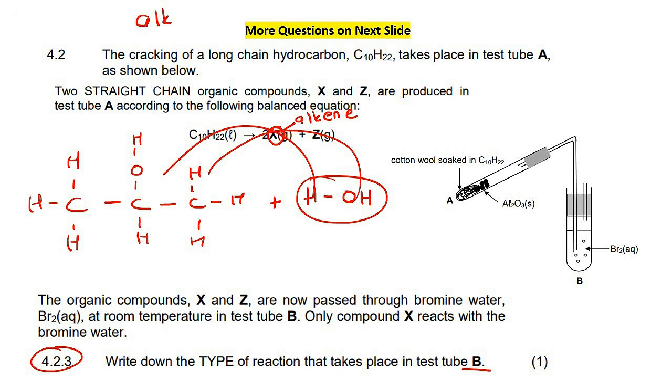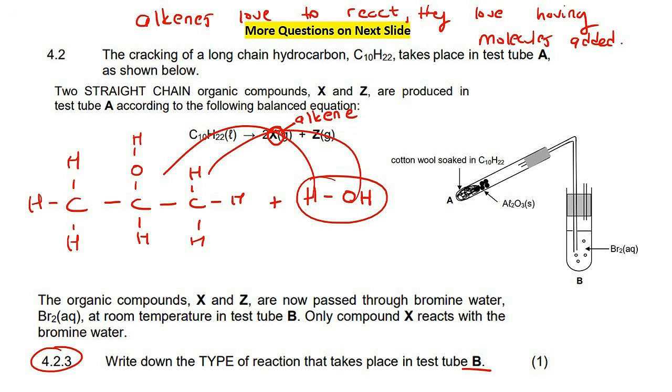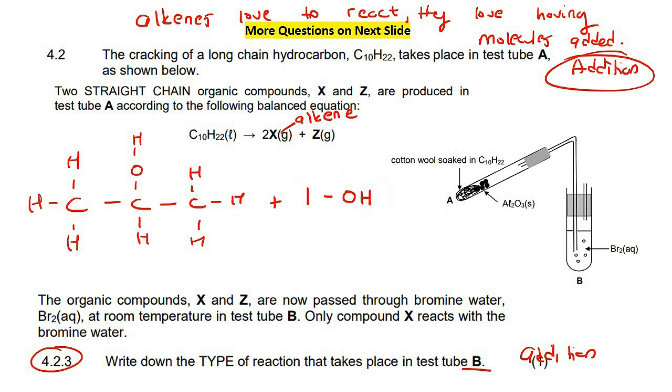So alkenes love to react, and they love having molecules added. So they love to undergo addition. So that's what you could say here. Addition. You could also, if you wanted to, realize that in this example, we are adding bromine.